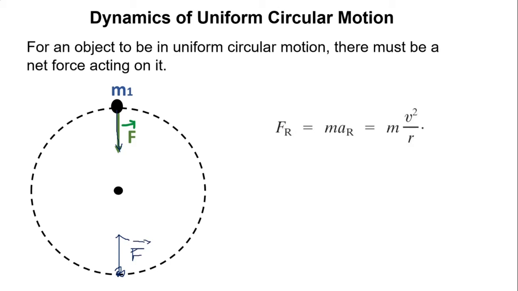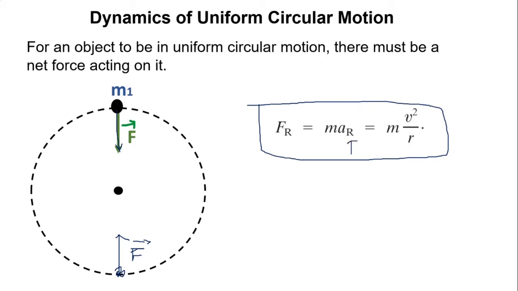Now, the definition of force using Newton's law is mass times acceleration. This acceleration is centripetal. We also call it radial, meaning toward the center. The net force applied on this object will be the mass of the object times the square of the speed divided by the radius of the circle, r. So the net force is mass times acceleration, and this force is centripetal also.